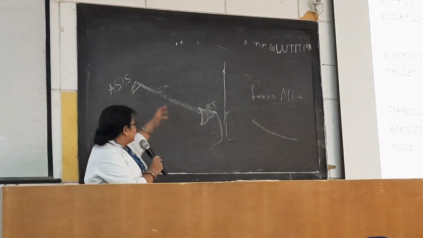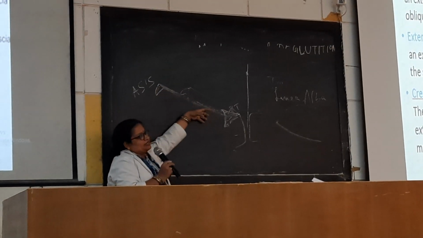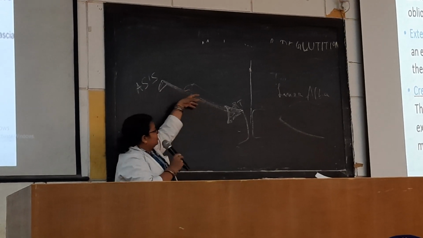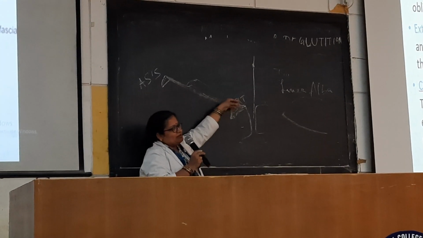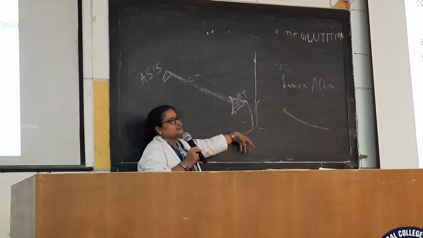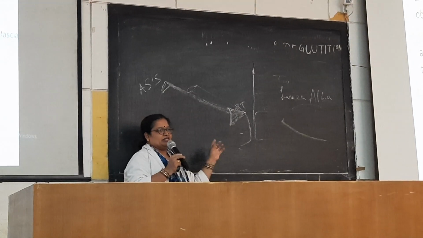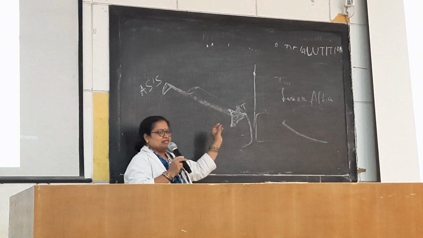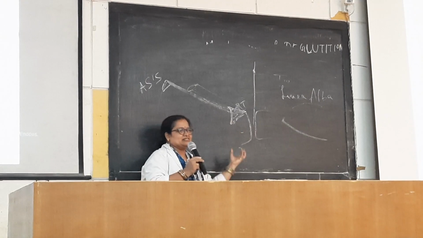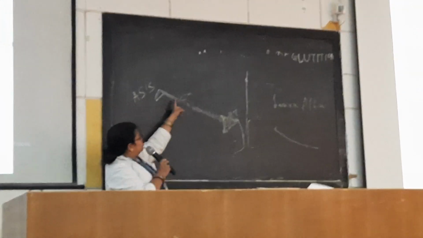So when the testis descends, it passes through the deep inguinal ring, enters the inguinal canal, and passes through the superficial inguinal ring. Then it enters the scrotum by the end of the 9th month. So when a male child is born, we check whether the testis has descended or not. It descends through this pathway.